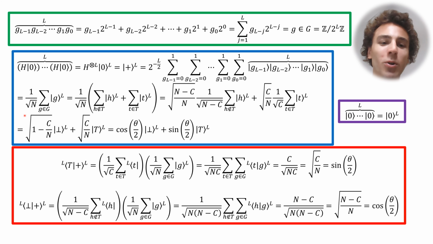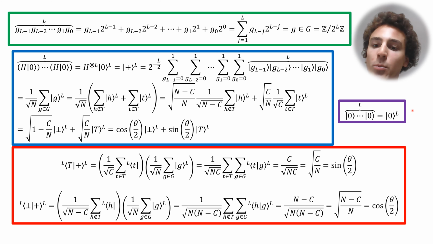In this blue box, we can see different ways of expressing a uniform superposition of all L-qubit computational basis states. The first two expressions indicate how this uniform superposition is prepared. First, we need to initialize a register of L qubits in all zeros. Then we need to apply Hadamard gates to all qubits in the register.